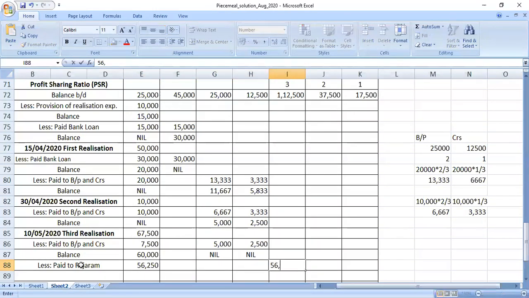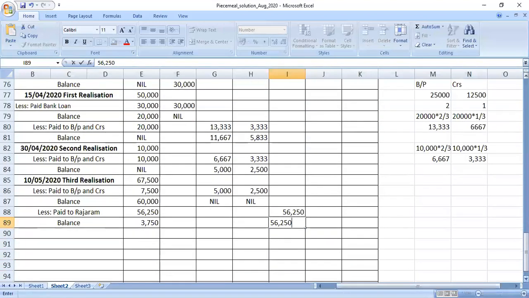Here we have to write 56,250. Balance: 60,000 minus 56,250, value will be 3,750. And here Rajaram's balance is 1,12,500 minus 56,250, balance 56,250.